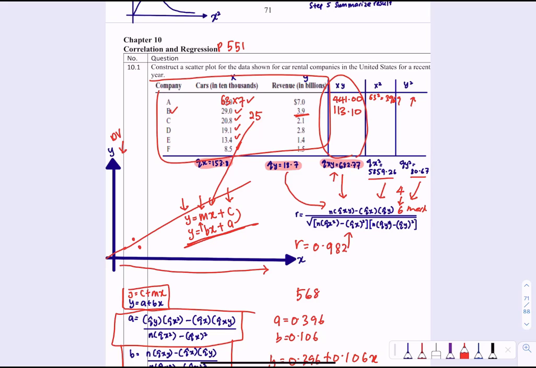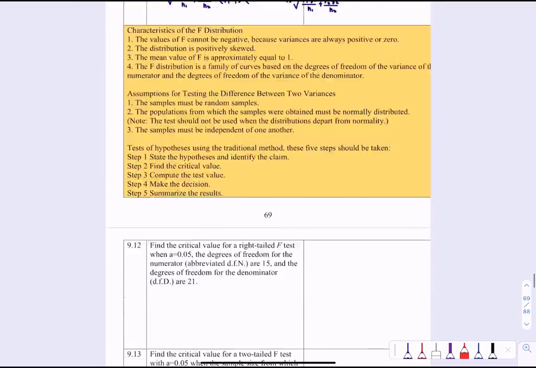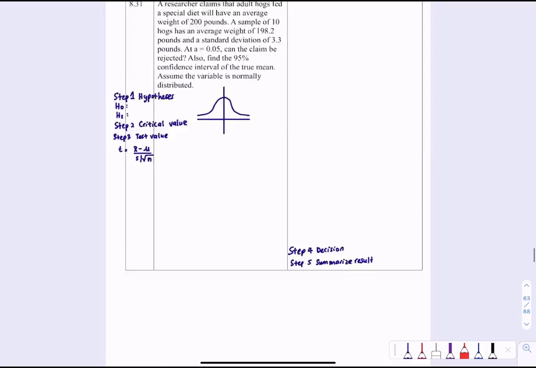I explain to you first about this chapter 10 because it's much easier before we enter chapter 6. Chapter 6 is very crucial for this subject.